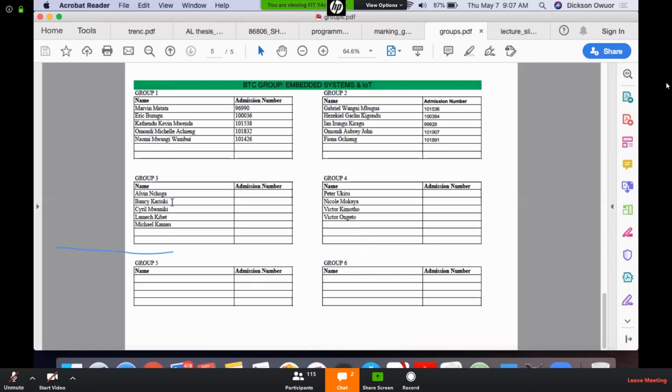So group 3. What about group 3? Is there Alvin, Bansi, Cyril, Lamek, and Michael? Anyone who is around? Alvin? Okay, I can see someone is chatting.